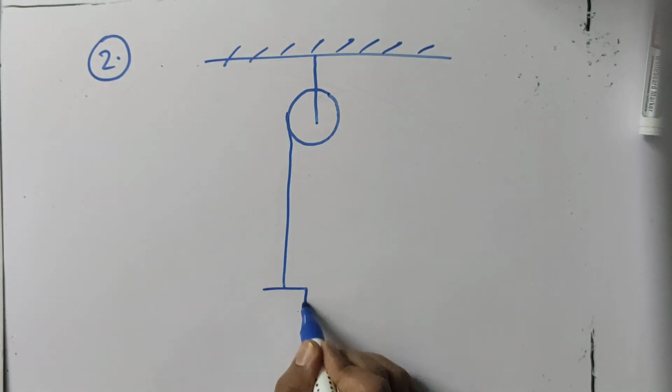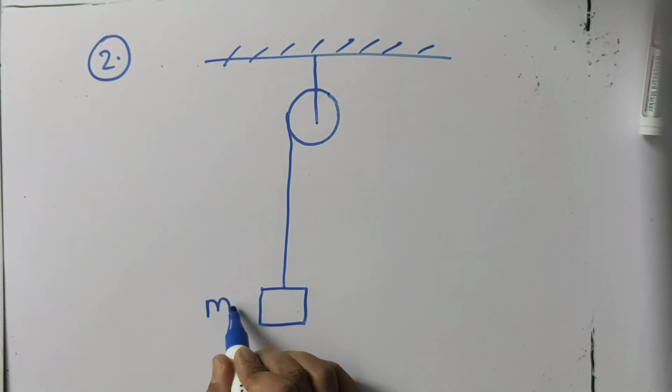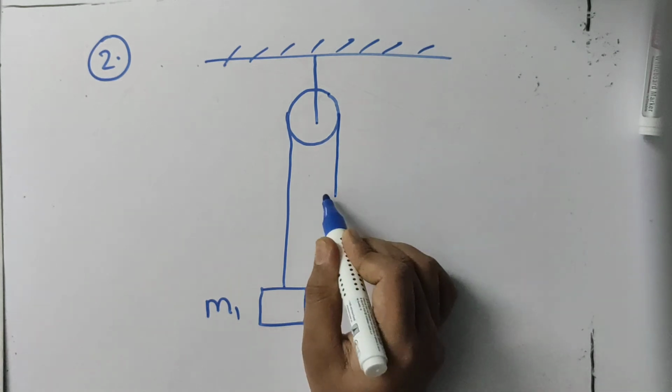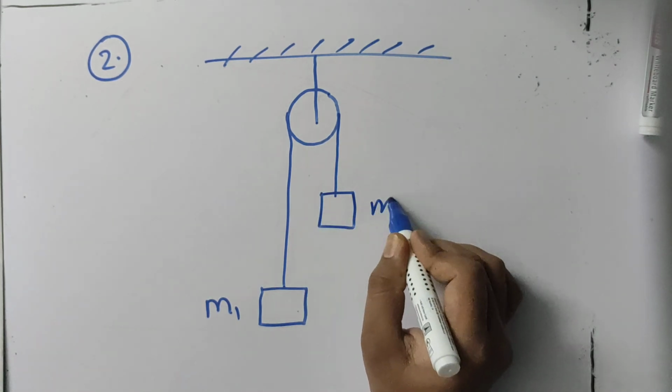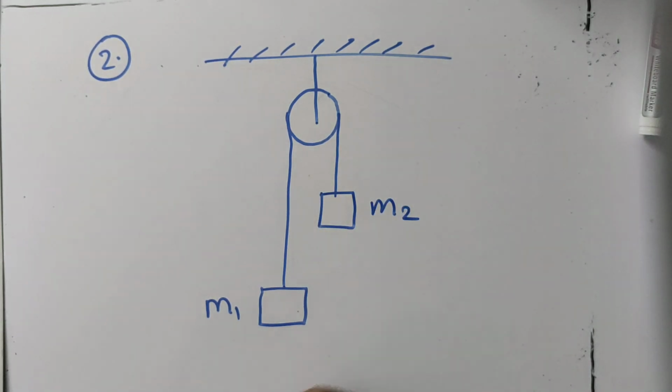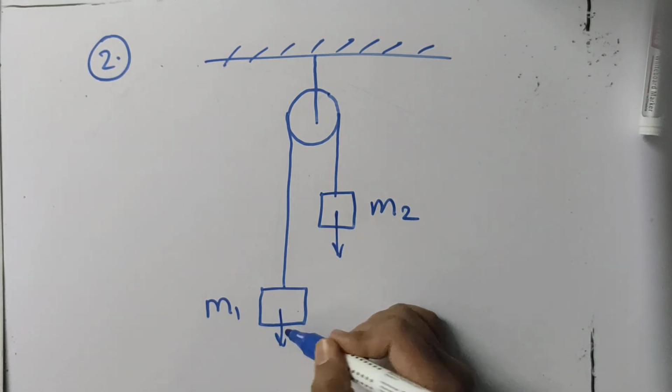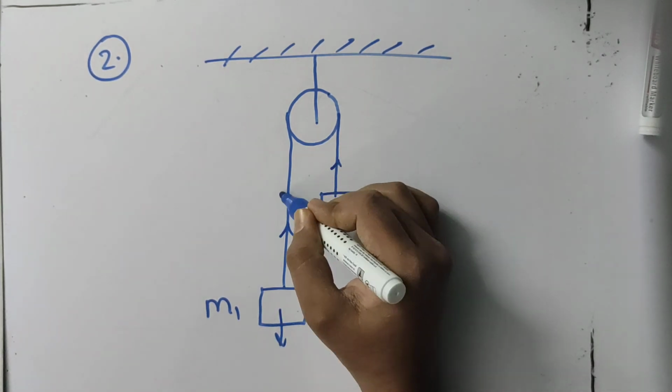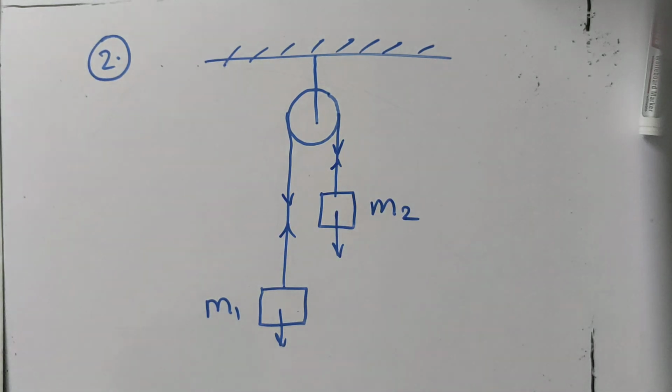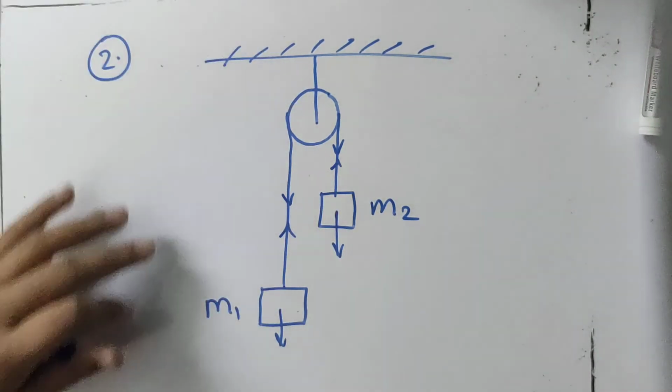There's a mass m1, this is m1, there's a mass m2, right? These gravity forces are downwards, some tension like this, right? We are not concerned about those forces anymore.